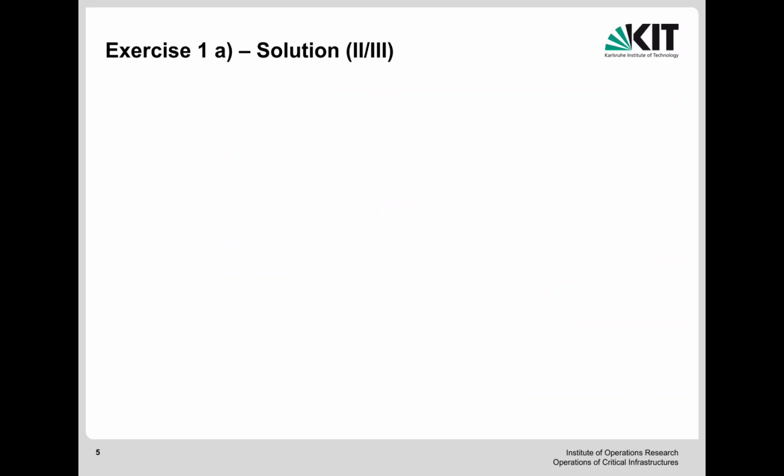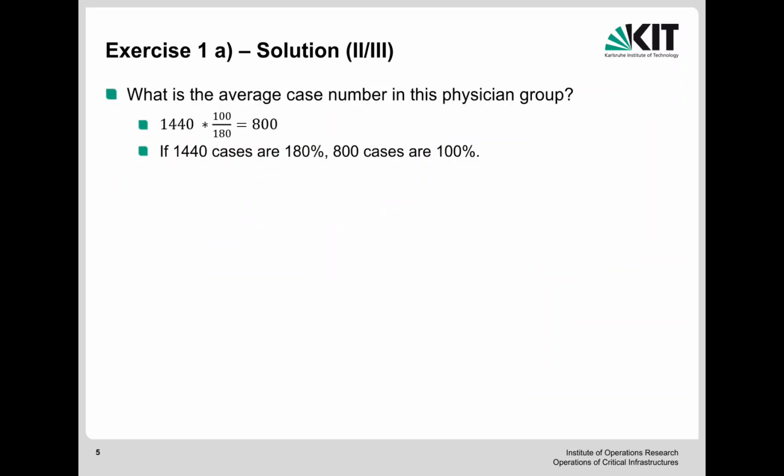That means we have to understand what is 100%, what is 150, and so on. So in our particular case here, we know that 1,440 was 180%. This means, using the simple formula, 800 cases or patients are valued at 100%.